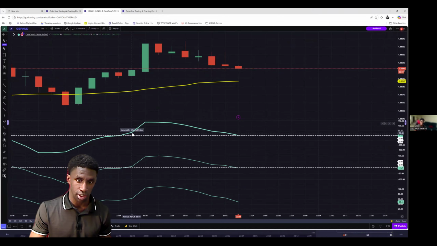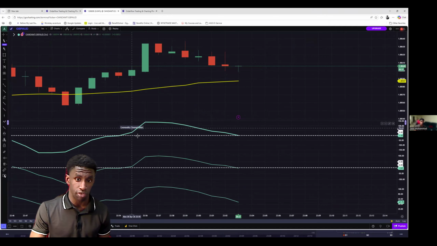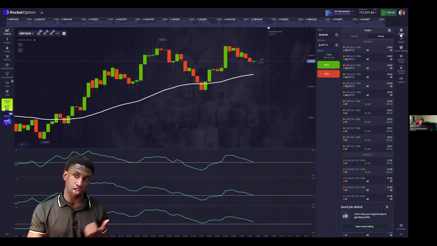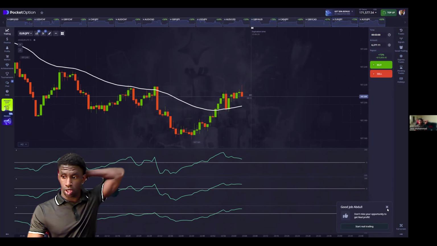Like this is clear. You see the gap in between here, this line and the zero demarcation line? That's a clear gap. Technically, we could have got in here at the start of that candle, but that's why I prefer to use this one than PO. So I'll be looking at this one over here and I'll get in on PO, right? So y'all gonna see that.